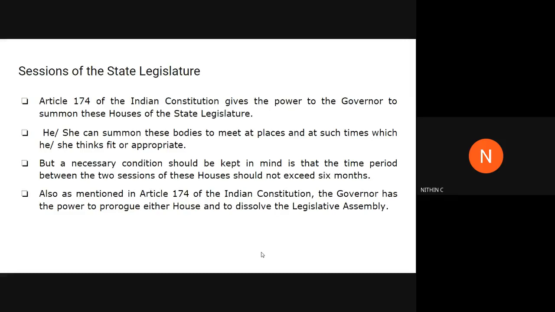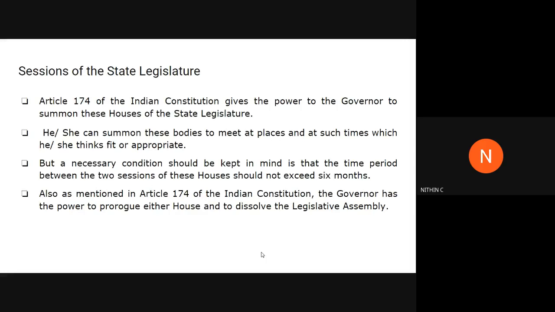Article 174 of the Indian Constitution gives the power to the governor to summon these houses of the state legislature. So the governor will be calling the sessions of the legislature, but under the recommendation of the government. The governor will call the sessions and also dissolve them, but it will be under the recommendation of the state executive.